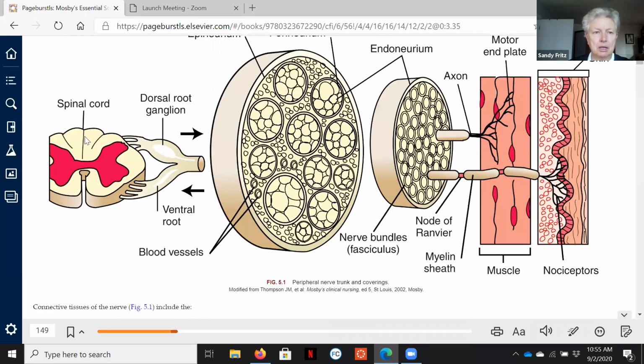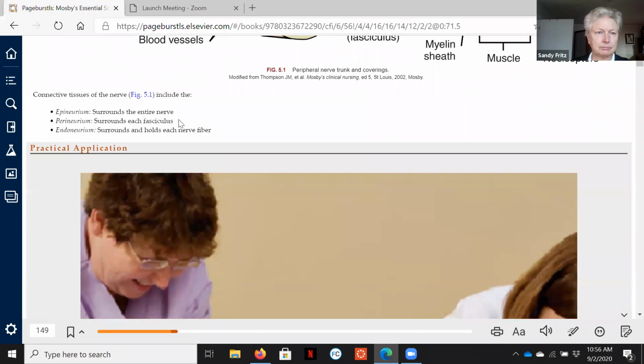So it comes out of the spinal column, comes together, transmits information back and forth. And so this is an information pathway. The nerves are covered with connective tissue. And again, this is an area that sometimes you'll get a question on the MBLEX. So this is a language thing.